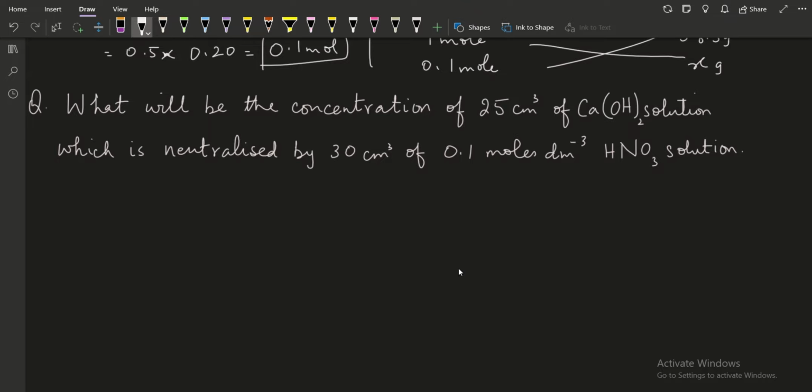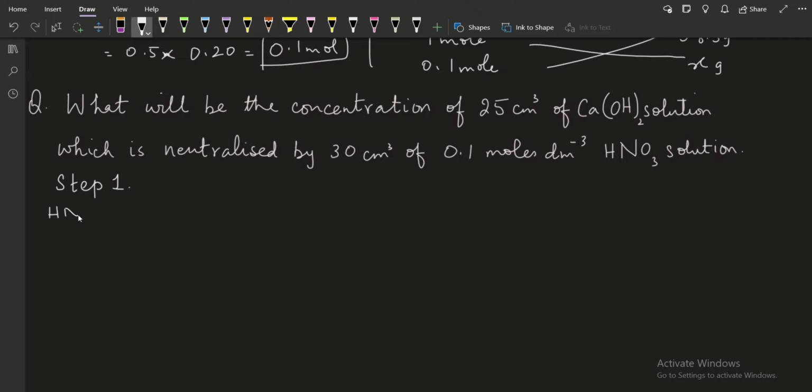next question is: what will be the concentration of 25 cubic centimeter of calcium hydroxide solution which is neutralized by 30 cubic centimeter of 0.1 moles per cubic decimeter nitric acid solution? Okay, so again in step 1 we have to find out the number of moles, but before that we need to write the data.